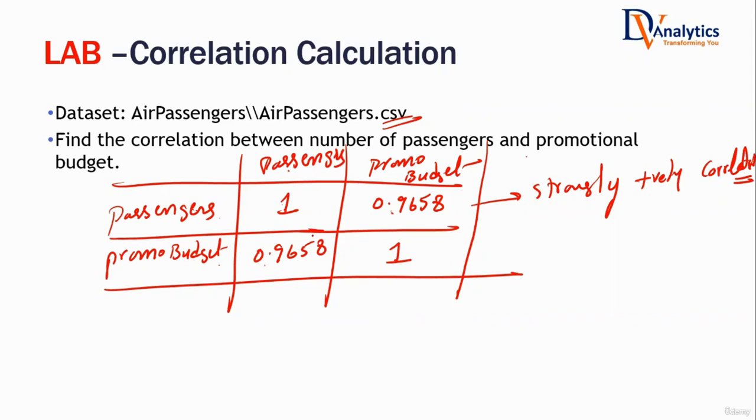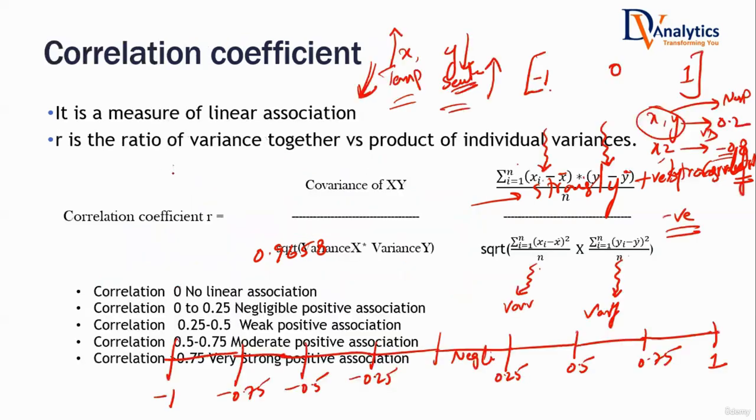One of the questions is, can we take 3 variables to correlate? Can we find the correlation between 3 variables? Correlation is always binary only. You can take only 2 variables and check whether there is a correlation between them or not. In fact, that was one of the interview questions. Can I take 3 or 4 variables and find the correlation between them? If you look at the correlation formula, how many variables can we see at most?